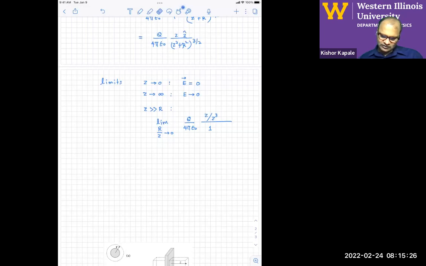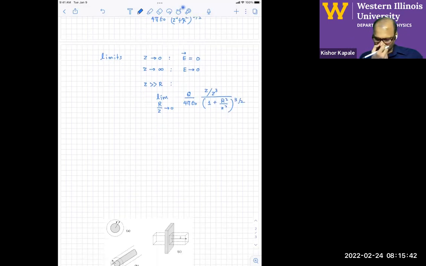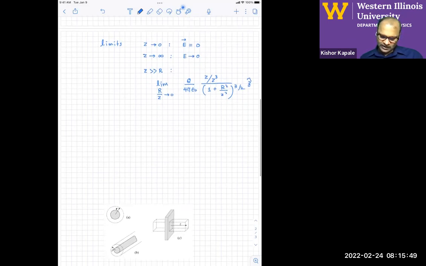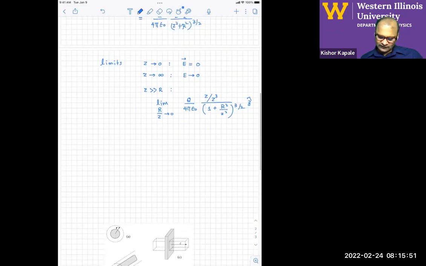When I divide by z cubed, when it goes inside the 3 halves part, it's going to become z squared. So the first term will be z squared over z squared, and the next term would be r squared over z squared, to the power 3 halves. Everybody with me so far? Does that make sense? So what we did was divide the numerator and denominator by z cubed, and that just helps us take care of this.